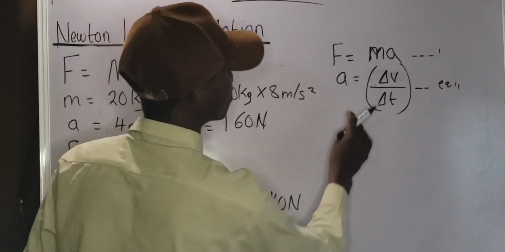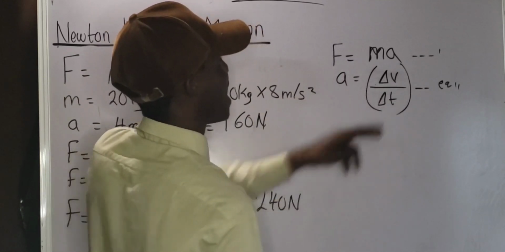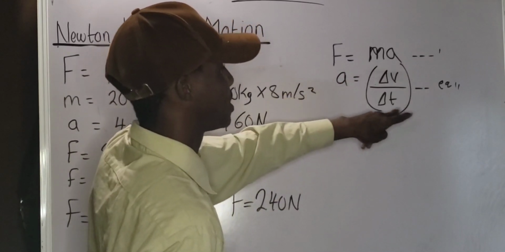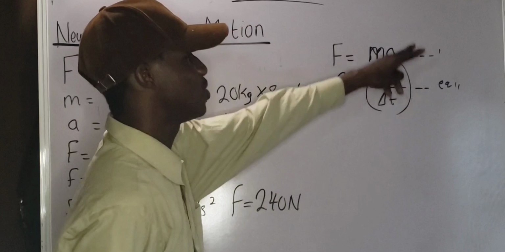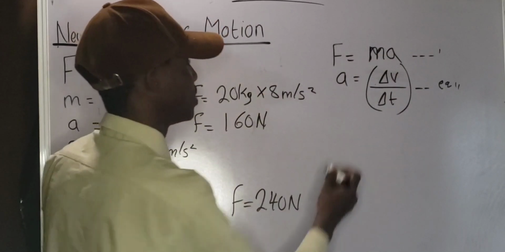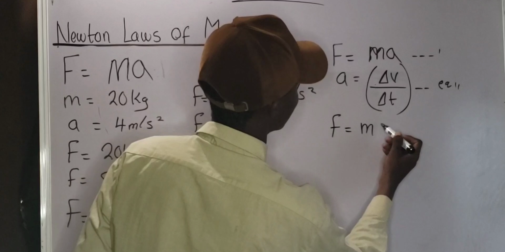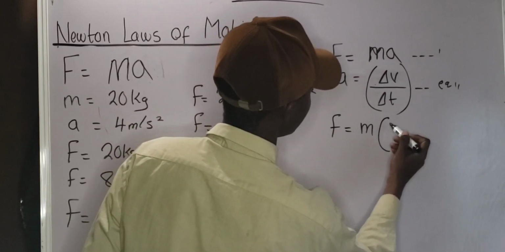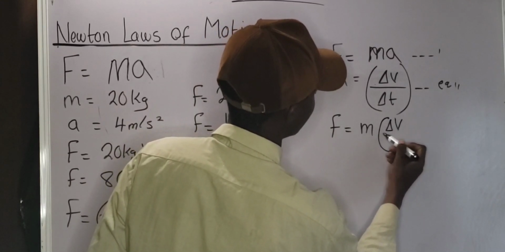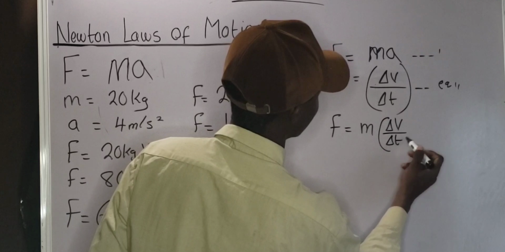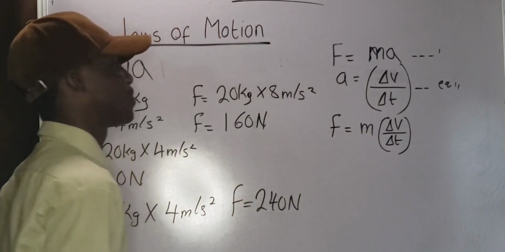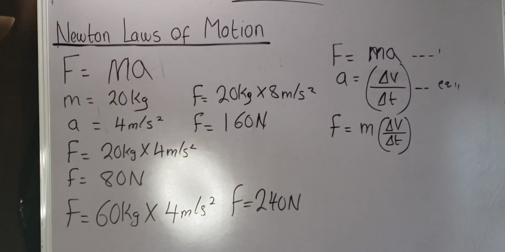Now, let me substitute the value of a as change in v over change in t as the value of acceleration in equation 1. So I'm going to have F, which is the force, is equal to mass multiplied by change in v all over change in t. Do you understand? Now, don't forget that momentum is the product of mass and velocity.